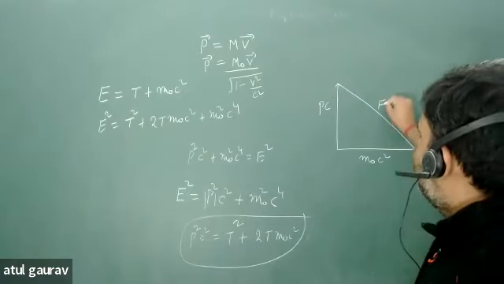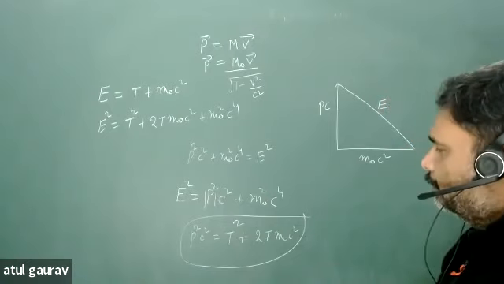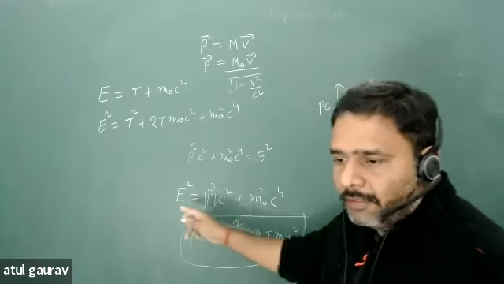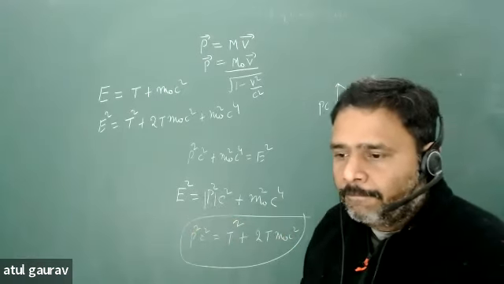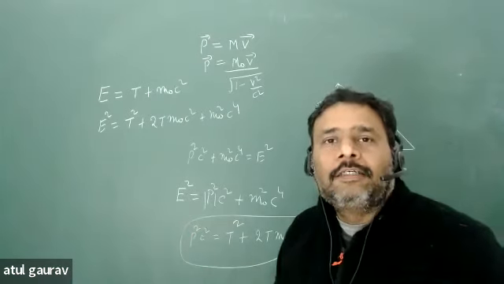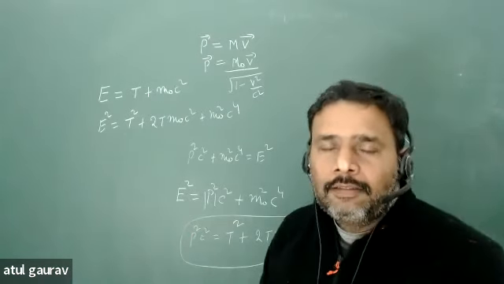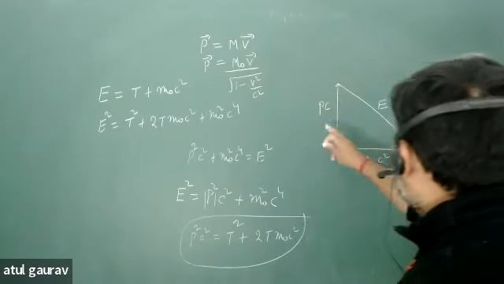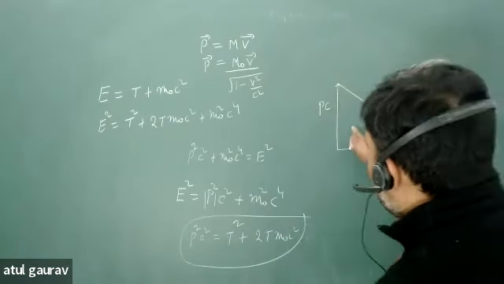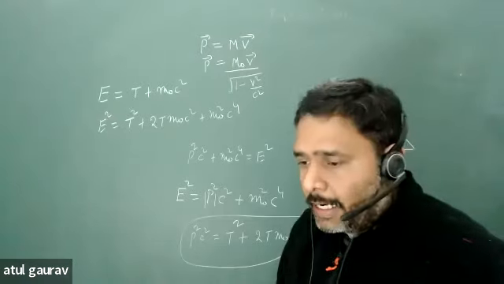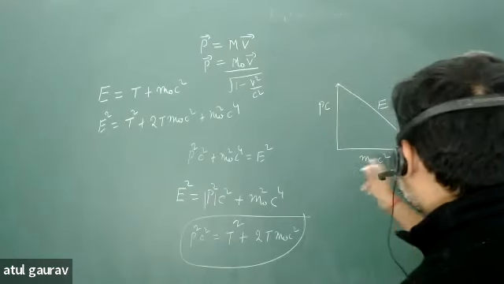This is nothing but E, है ना? This is something like Pythagoras law, isn't it? Yes, sir. पढ़े हो ना? H square is equal to B square plus P square. Yes? And this is something like your thing. And now you can analyze and you can get a mind-blowing idea. And what is this particular mind-blowing idea? You can see.